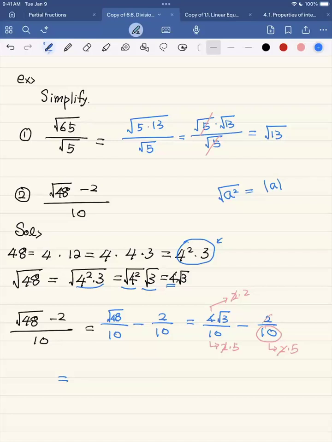So the numerator will have 2 times square root of 3. So 2 square root of 3 over 5 minus 1 over 5. We can combine those, then it becomes 2 square root of 3 minus 1 over 5.